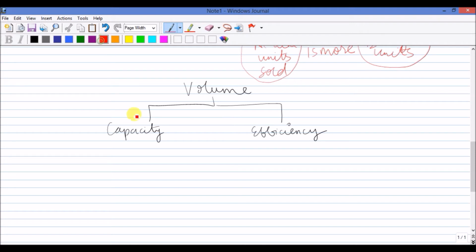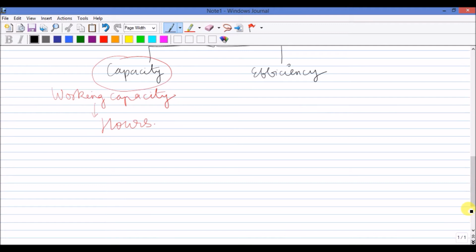Now friends, what you mean by capacity is the working capacity. So now we have to understand what is capacity. Capacity is the working capacity, and normally we associate it with hours. Now you try to understand it. If the budgeted hours would be 100 and the actual hours are say 120.